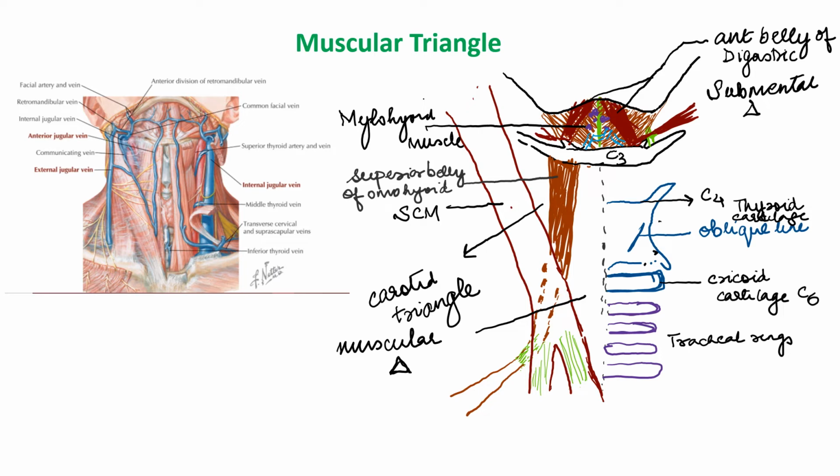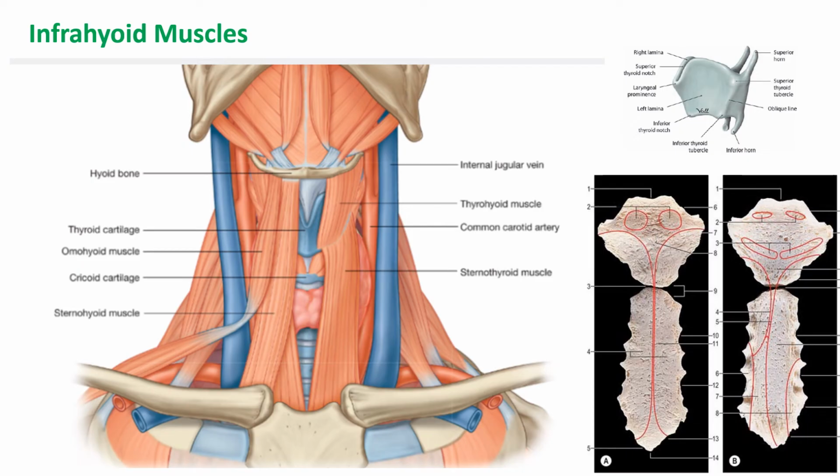So this area is the muscular triangle of one side, and in this we are going to see the muscles.